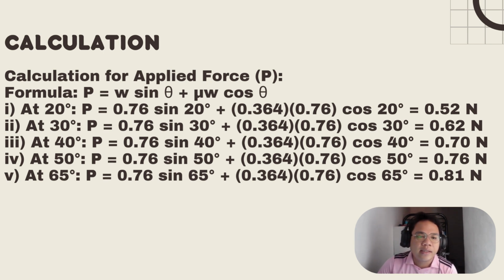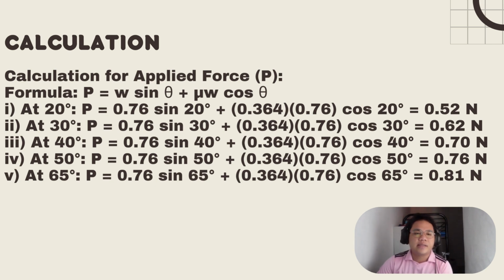At 30 degrees, P equals 0.176 sin 30 plus 0.364 times 0.76 cos 30, which equals 0.9 Newton.